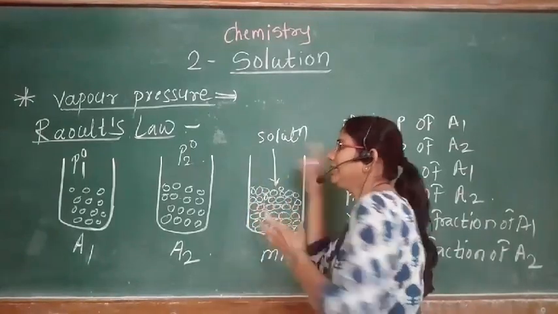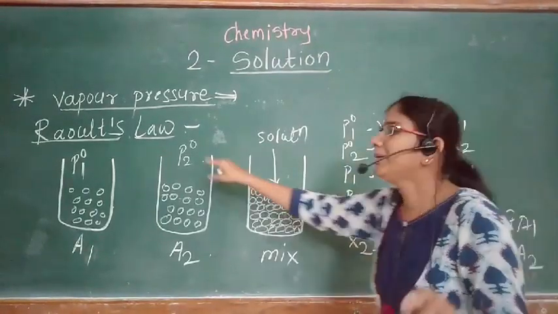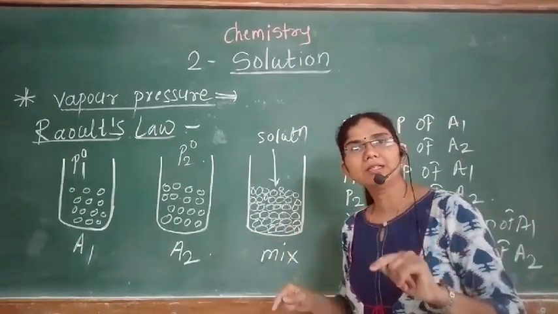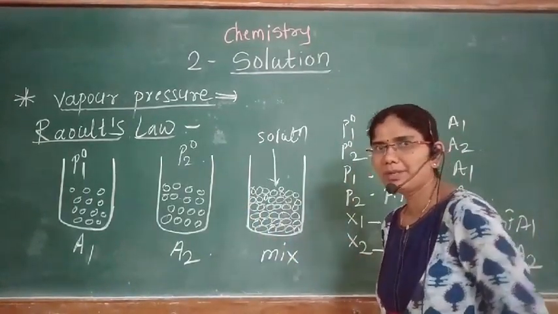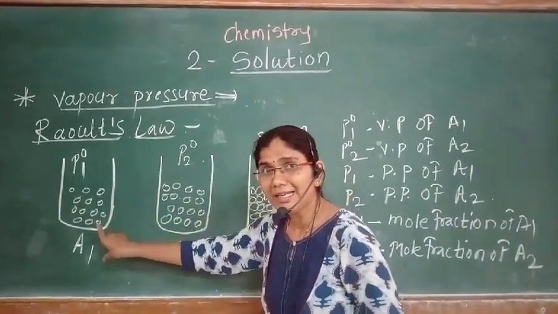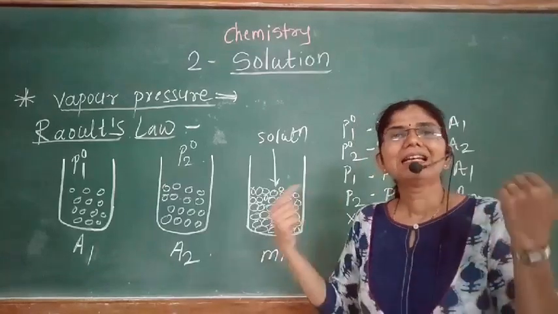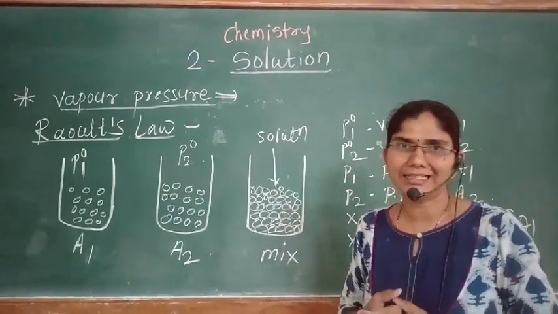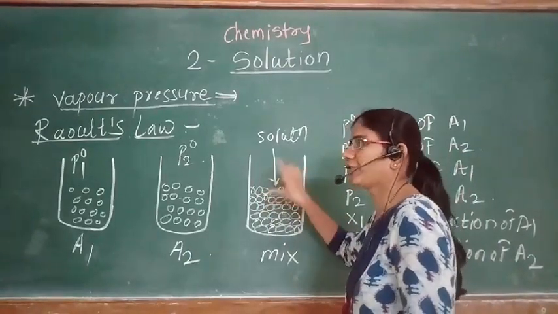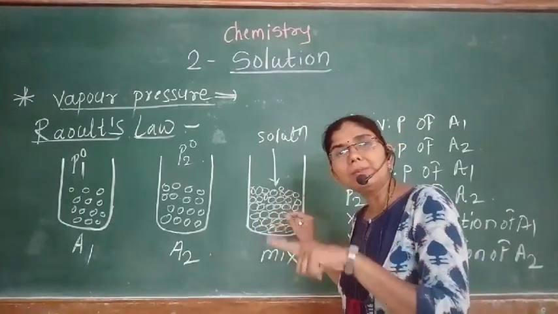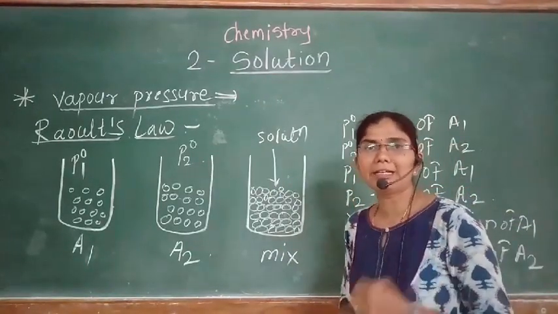Therefore, in this solution, let P01 be the vapor pressure of A1 and P02 be the vapor pressure of A2, the second volatile component.